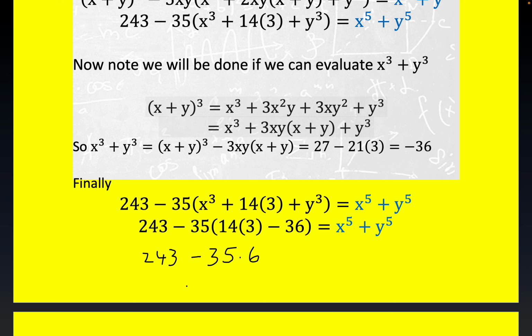Okay, but this is equal to 243 minus 210. This is 210 right here, right? And so I'm getting 33, okay? And again, I just evaluated this left-hand side, and so 33 is our answer, folks, and it's equal to this guy right here, okay?